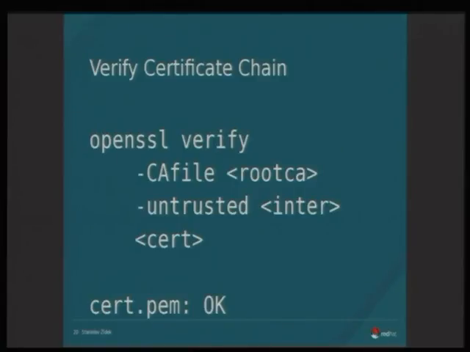So this command makes sure that while trusting only this root CA certificate, you can link it together to this server certificate if you know these intermediate certificate authorities. Yeah, and that's how you check situations that are a bit more complex.